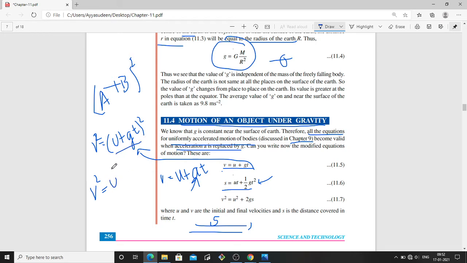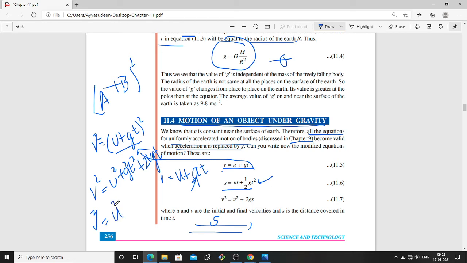So u square, that is a square, plus b square. b square is (gt) square, so we can write it as g square t square. Then 2ab, 2ugt.